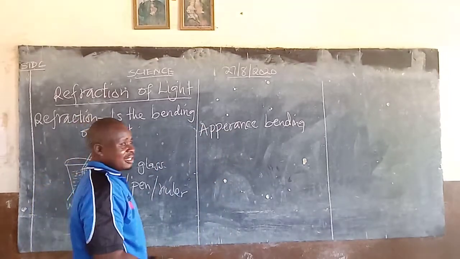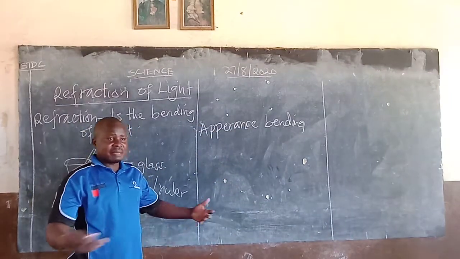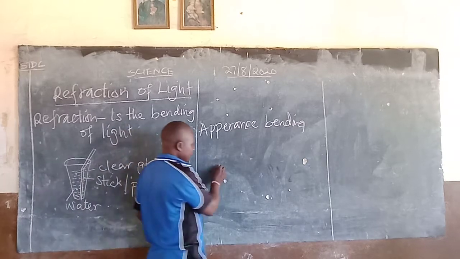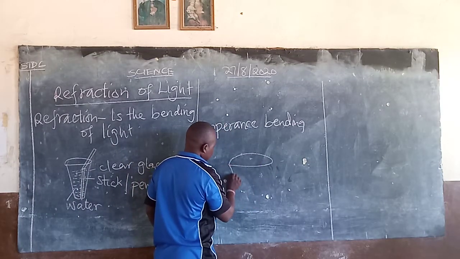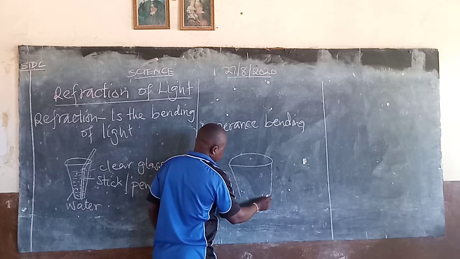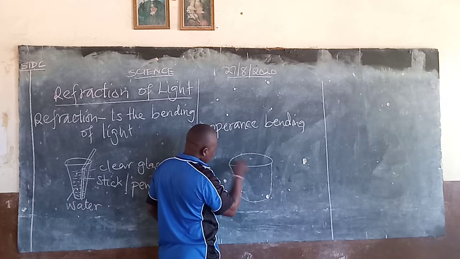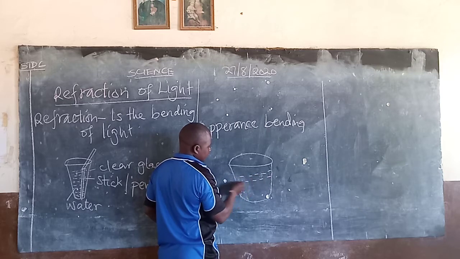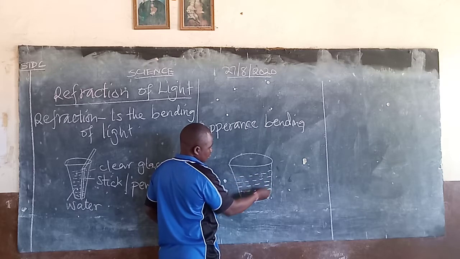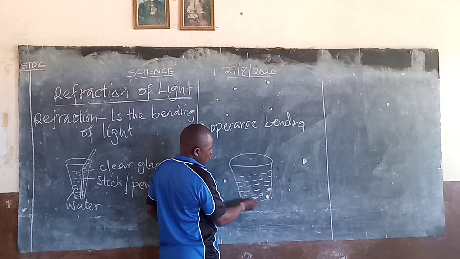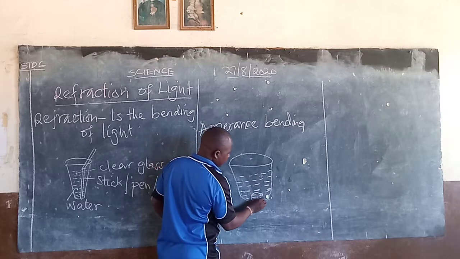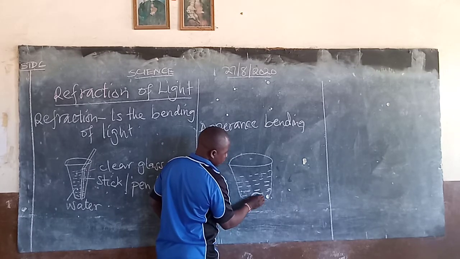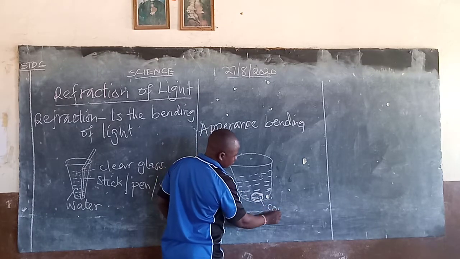For example, take a basin or a container that has water. When you dip the coin here, this is our coin.